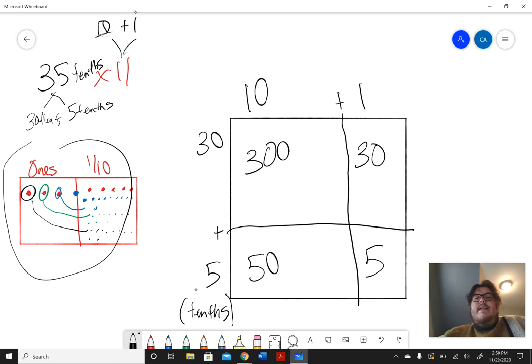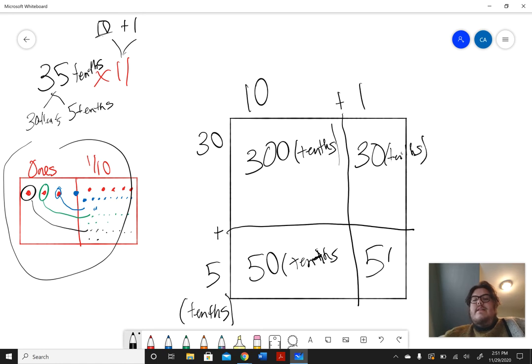Okay, now we need to keep in mind our place value here. So if we have 30/10 times 10, then we're going to have 300/10, right? Same thing here. If we have 5/10 times 10, we're going to have 50/10. Okay, 30/10 times 1, tenths.